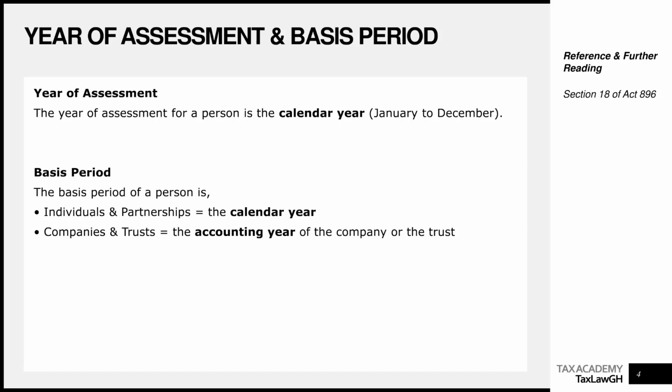We are used to going to church on 31st of December for our crossover services. That is in line with the belief that the year starts in January and ends in December. In tax, the year of assessment is the same as the calendar year, January to December.